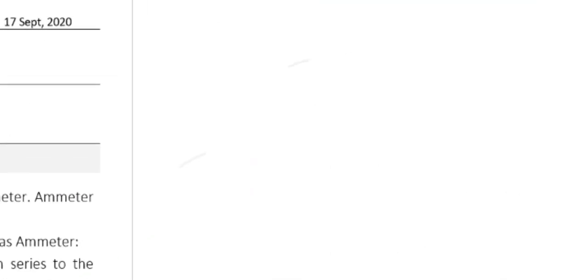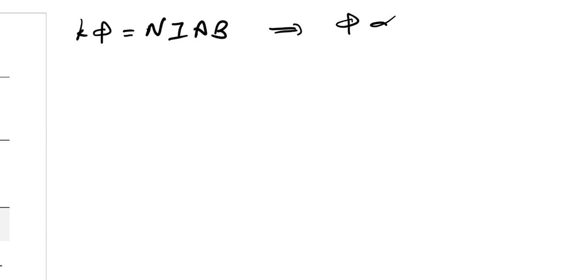Now, we know that in case of galvanometer, we have K phi, that is restoring torque, equal to NIAB, and all the other terms being constant, we know that deflection phi is proportional to current passing through it.